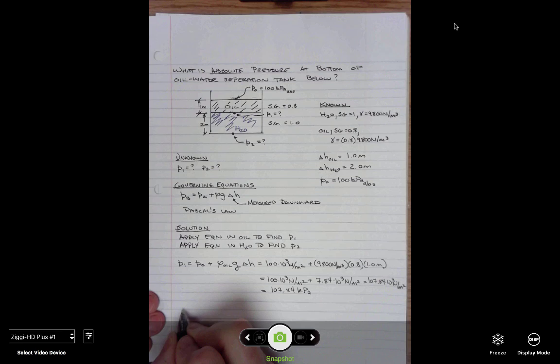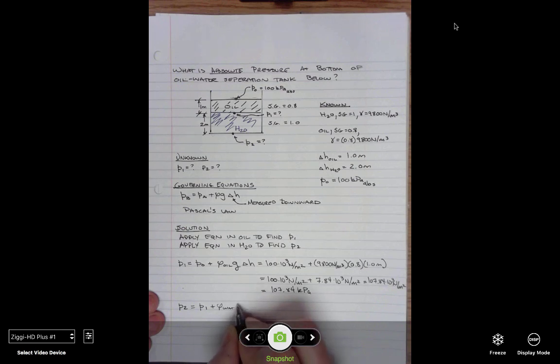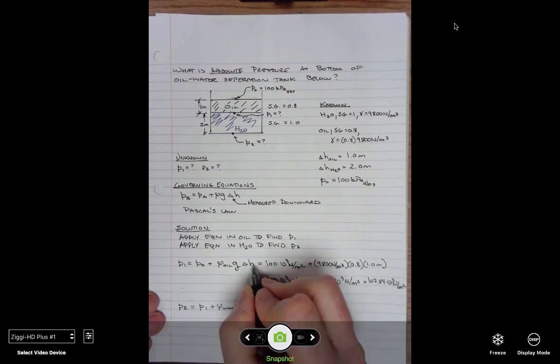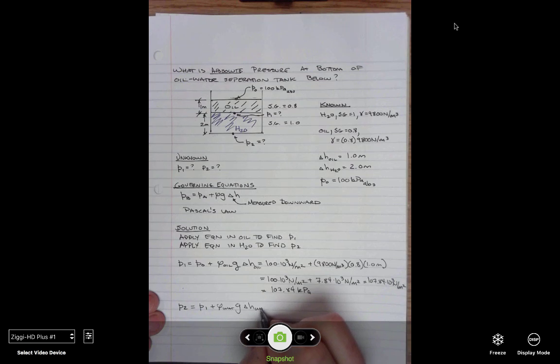Now we go for P2. P2 equals P1 plus rho water g delta h, there should be an oil there, water.